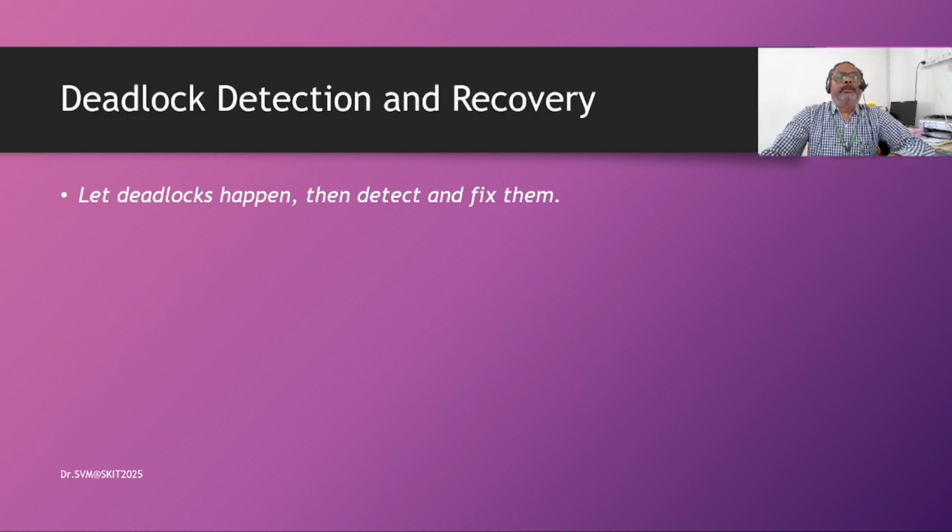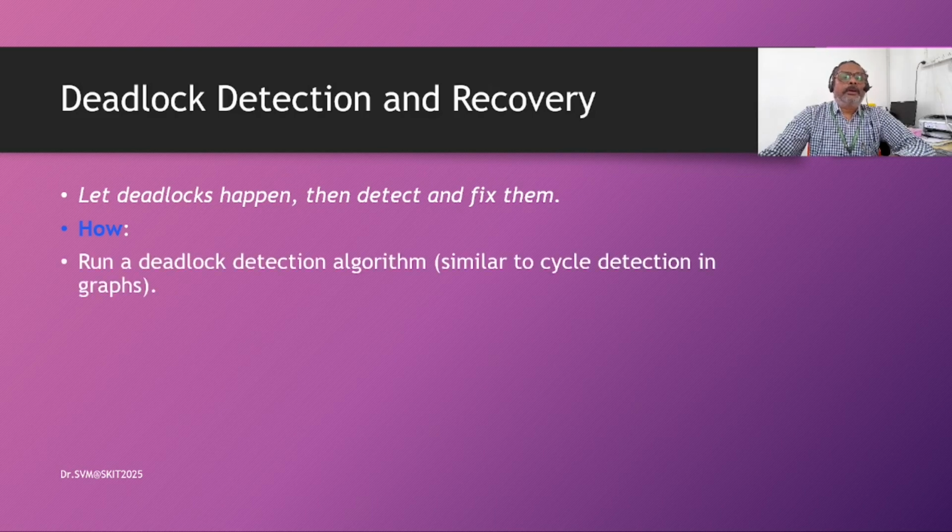Here we don't keep working out in advance what could happen tomorrow or the next day. We just stay in a relaxed state till a deadlock occurs. When deadlock occurs, our system gets up and starts looking at the situation, detects what happened and why, and fixes it.